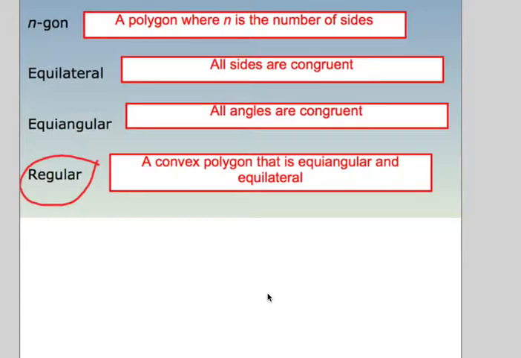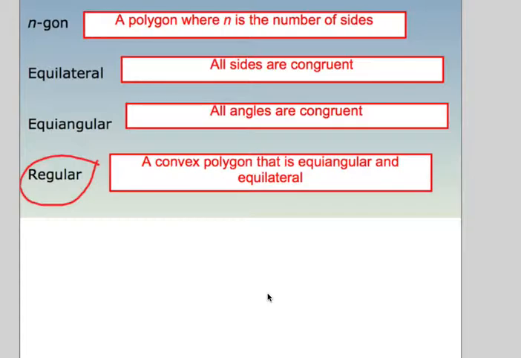N-gon, where a polygon has n number of sides. You should also definitely study your polygons, like how a triangle has 3 sides, quadrilateral 4, pentagon 5, hexagon has 6 sides, heptagon has 7 sides, H-E-P-T-A-G-O-N, heptagon 7, that's one that people forget.